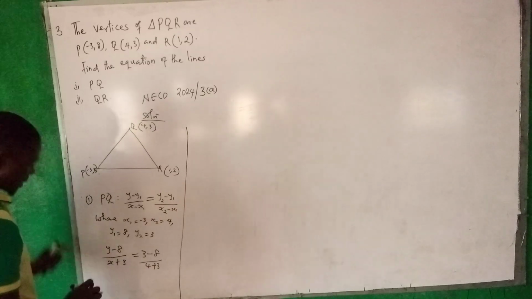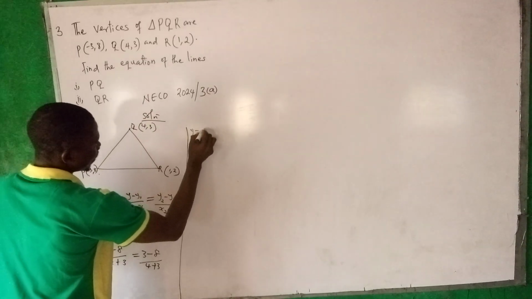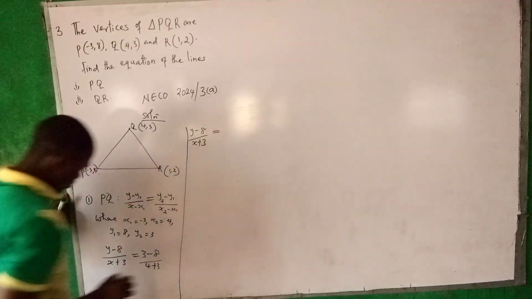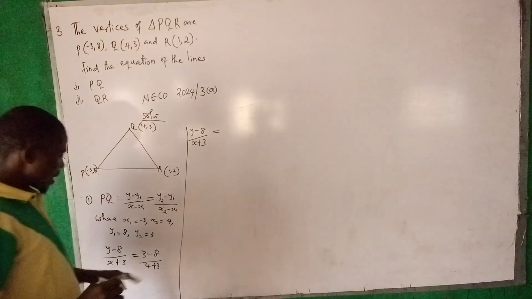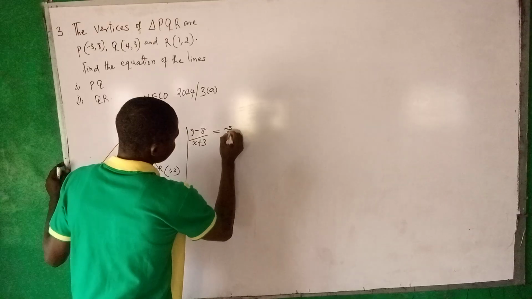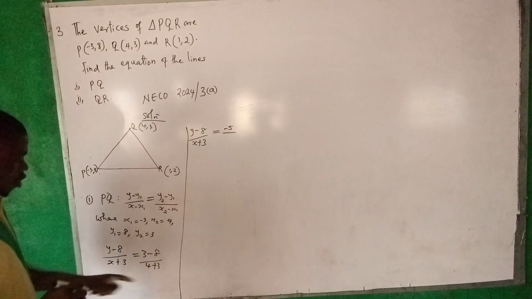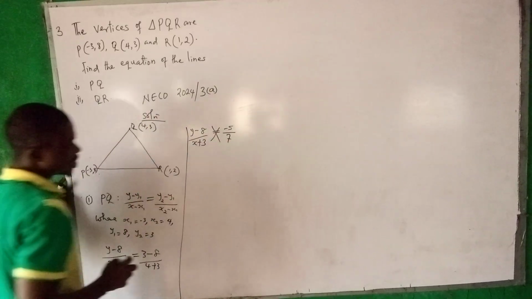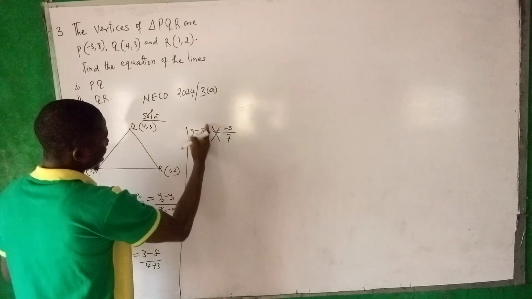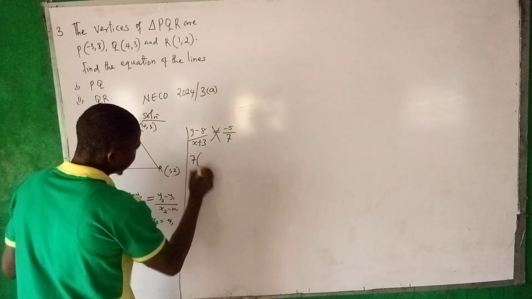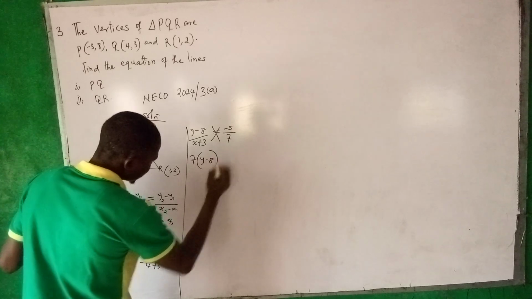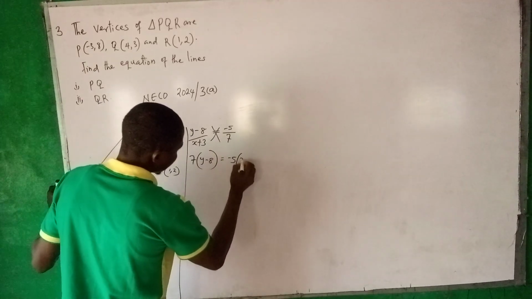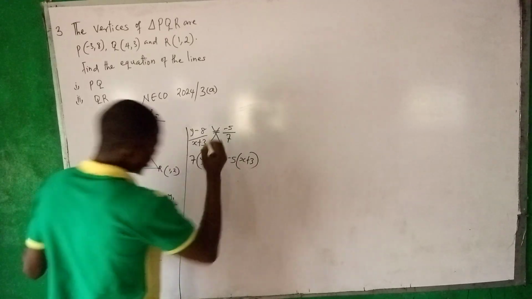Alright, now we have this. Let's write down. We have (y - 8)/(x + 3) equal to (3 - 8)/(4 + 3). 3 minus 8 is -5, and 4 plus 3 is 7. At this point, I'm going to cross multiply. 7 will multiply everything here: 7(y - 8) = -5(x + 3).